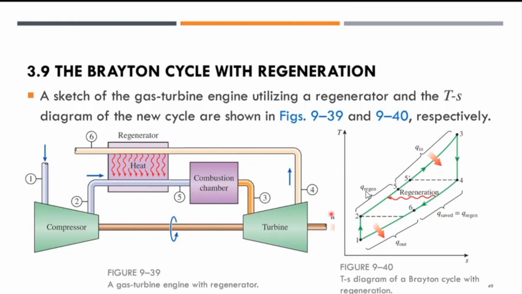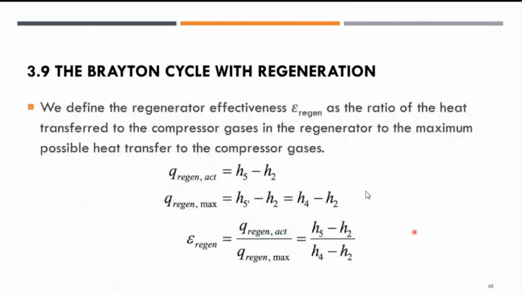Okay, and this is the T-S diagram in association with the Brayton cycle with regeneration. So we define the regenerator effectiveness, or eta regen. We can have it as the ratio of the heat transferred to the compressor gases in the regenerator to the maximum possible heat transfer to the compressor gases.